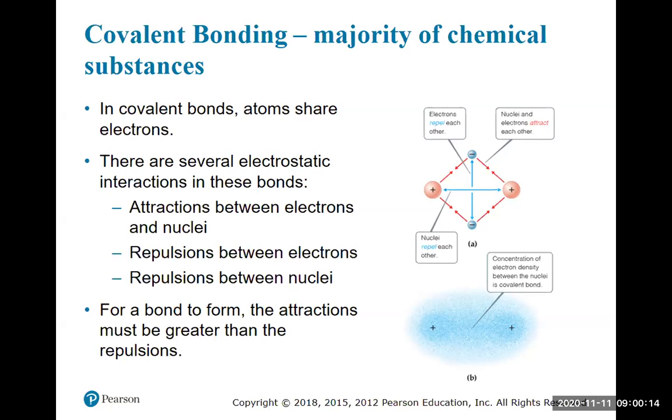In covalent bonding, there's no donating, it's just sharing. But what we'll see in a bit is that the sharing isn't always equal. We have some terminology describing whether the sharing of electrons is equal or not, and if it's not equal, how unequal it is.